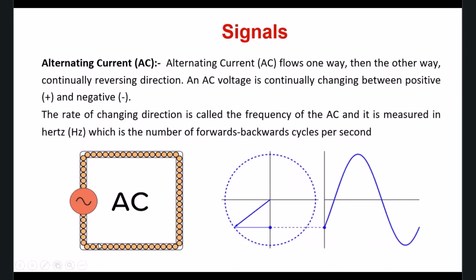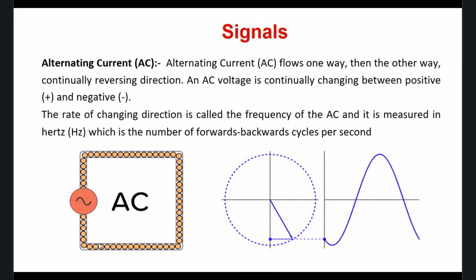Let me annotate to explain this concept. So here, from this particular point to this particular point, I will consider as the first 180 degree, and this as the other 180 degree. So from this point to this point is the 180 degree, and from this point to this point, it is again the other 180 degree. Now, this is the flow of the current.